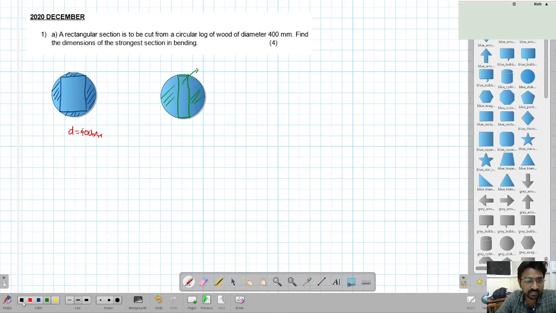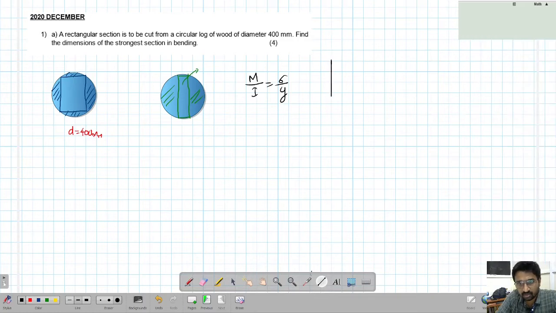Now, what is bending strength? You know the bending equation: M by I is equal to sigma upon y. What is the meaning of this? If you have a rectangular beam, we have the neutral axis at the center.